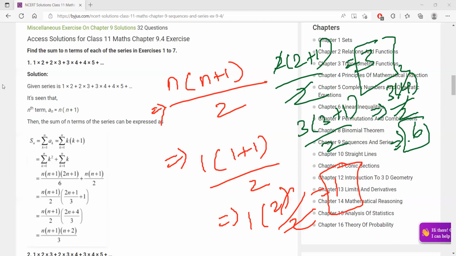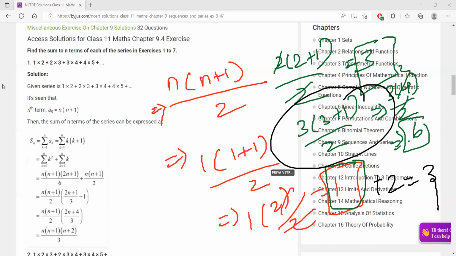When you substitute 2, you got the result as 3. So that substitution plus the previous result will give you the new result, which is 3. Again you substituted 3, and you got the result as 6. So you add that 3 with this. 3 plus 3 will be 6. Can you follow?